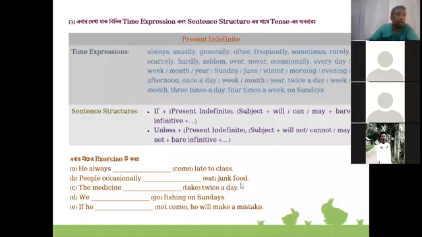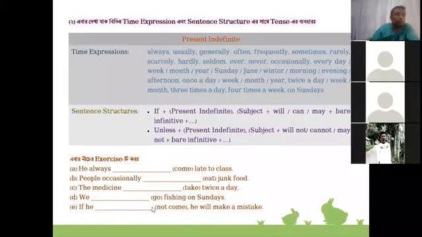In the present indefinite tense, you may need to use the active structure at times and the passive structure at times. We can see here on Sundays, we need to use the present indefinite tense.